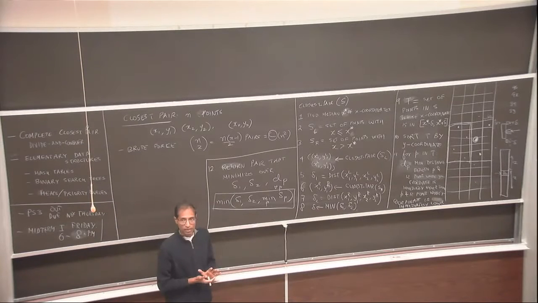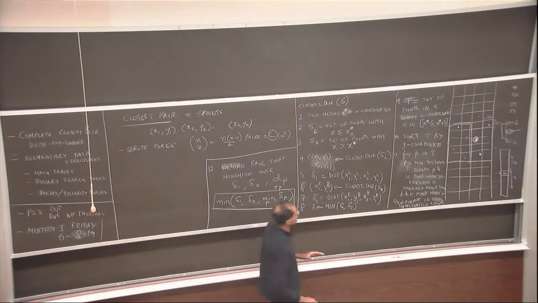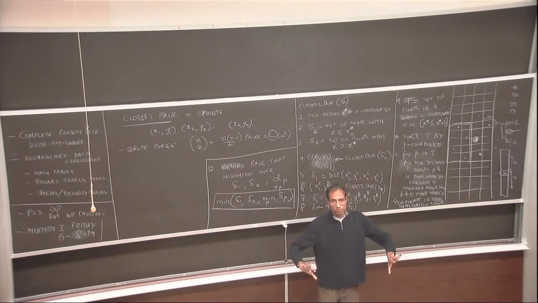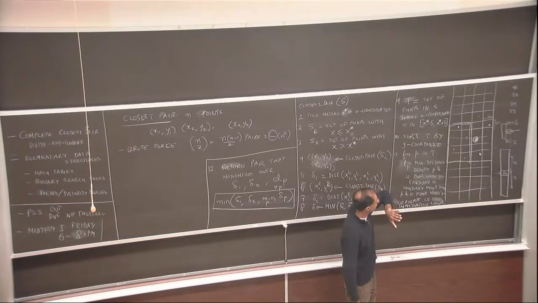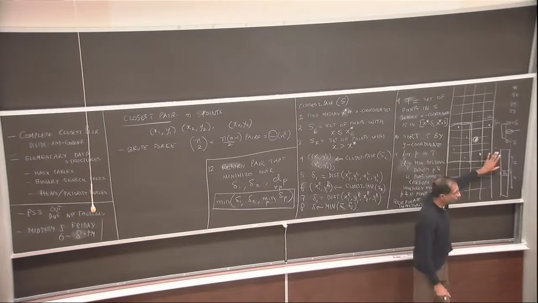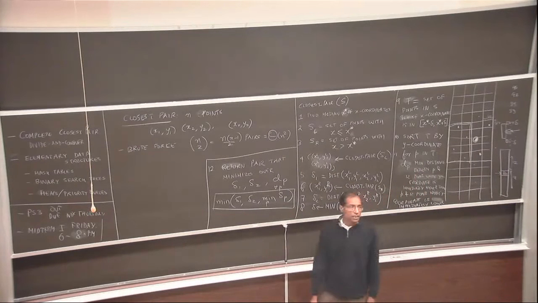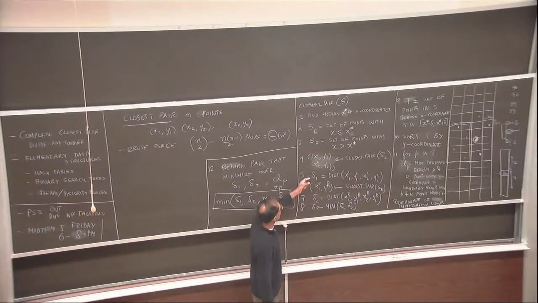Okay, is that clear? All right, so just recap what we did. So we first divided into 2 parts, the divide step. And how did we divide it into 2 parts? Using the median. So we used our selection algorithm. Then we split this into 2 parts, found the closest pair on the left side, found the closest pair on the right side. Then we took both of the distances and took the minimum of those distances.